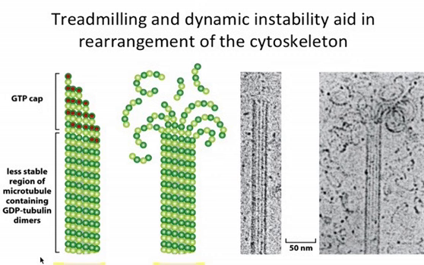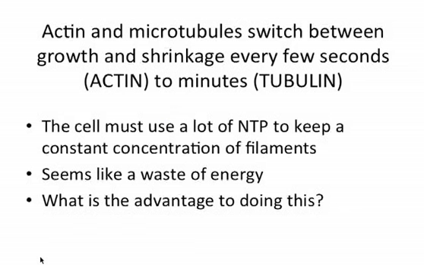It can't just be one way. Otherwise, the cell would not be able to respond to its environment. Okay. So actin and microtubules, they switch between growth and shrinkage every few seconds for actin or minutes for tubulin. So this is rapid changing in the status, that's why it's dynamic, right?